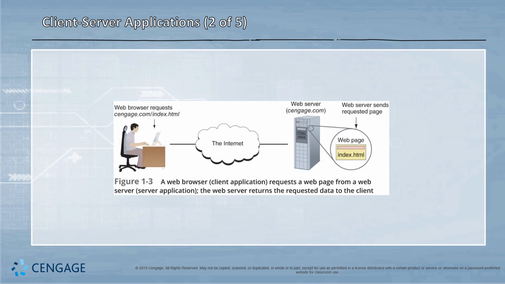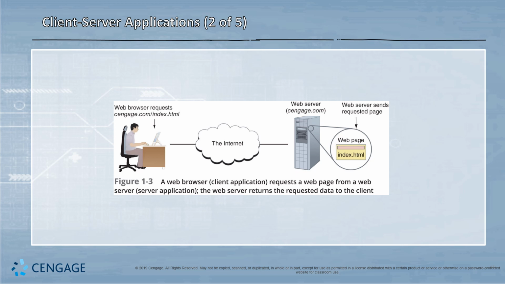So here we have a client application, web browser, requesting a page. The connection funnels through the various pathways of the internet and returns to a file server at a particular address. This file server is a specialized one called a web server, which provides HTML pages and multimedia that are encoded in a particular way. So in this case, the request is for a page called index.html.